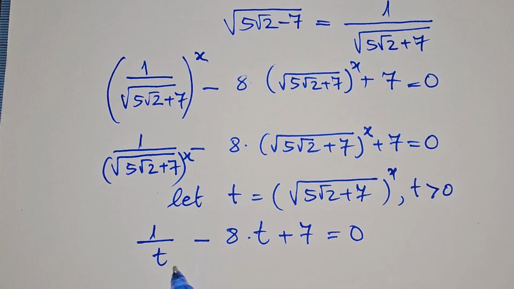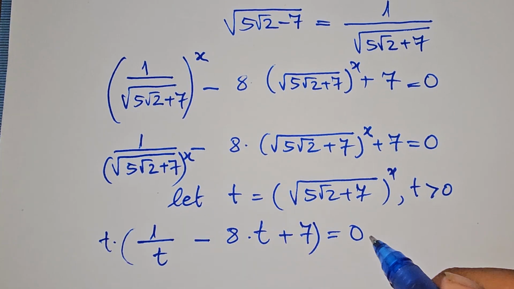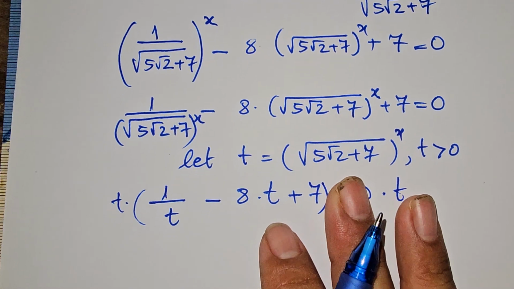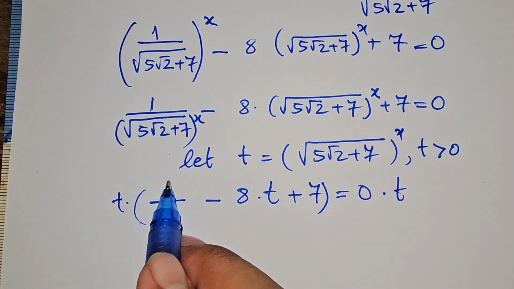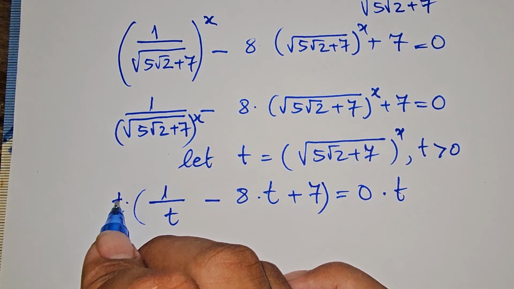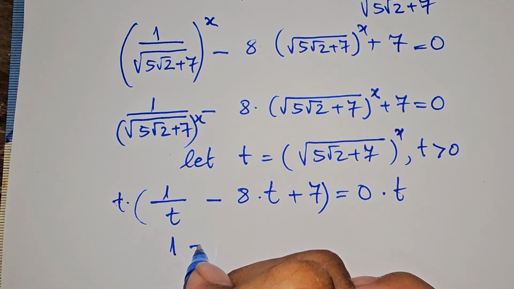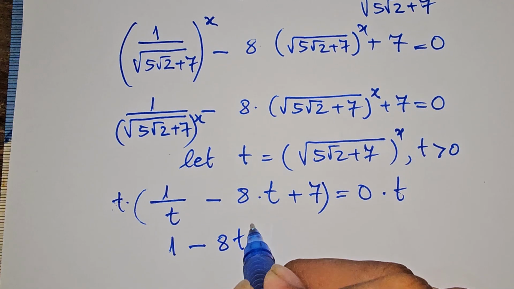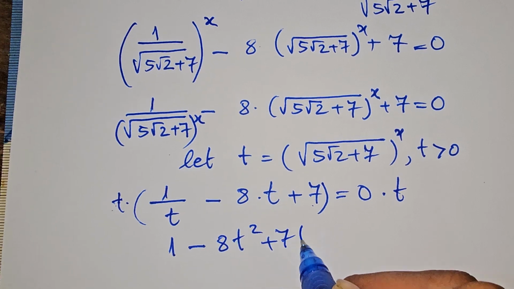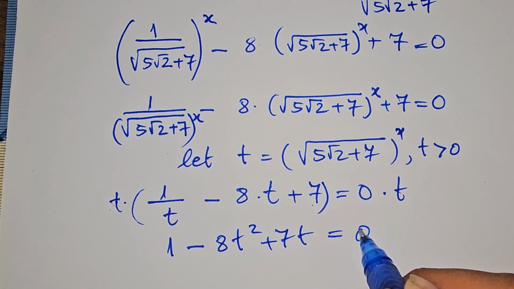So we multiply both sides of this equation by t. We get 1 minus 8t² plus t equals 0.